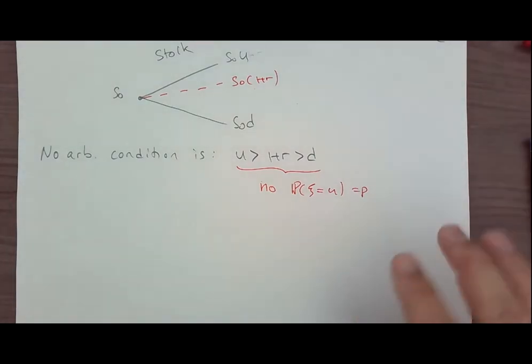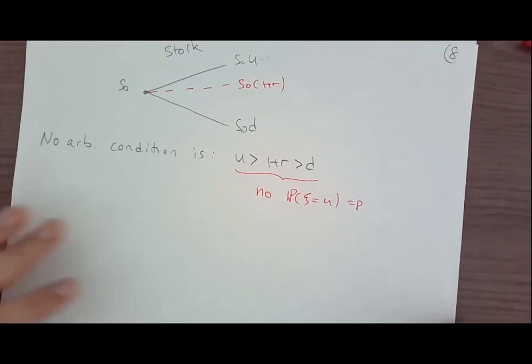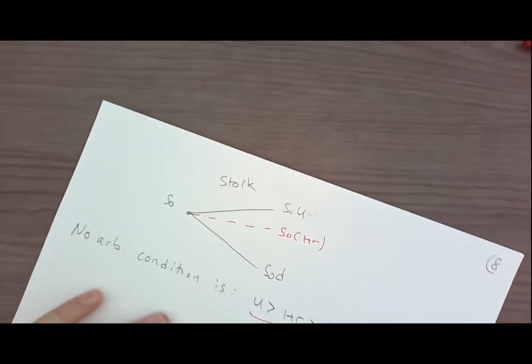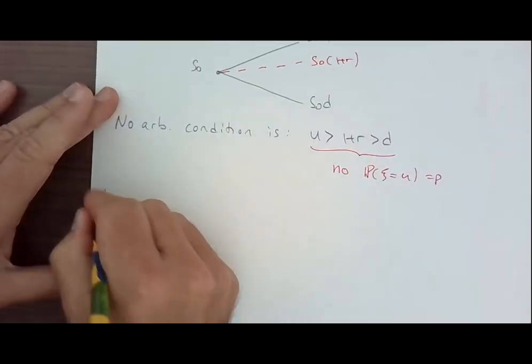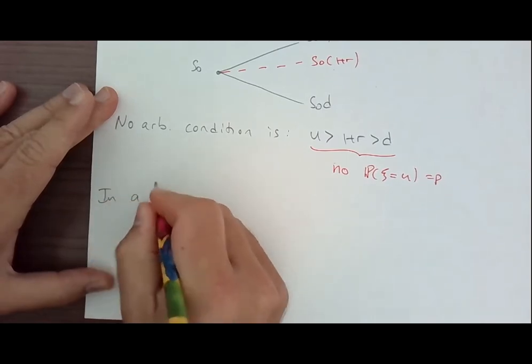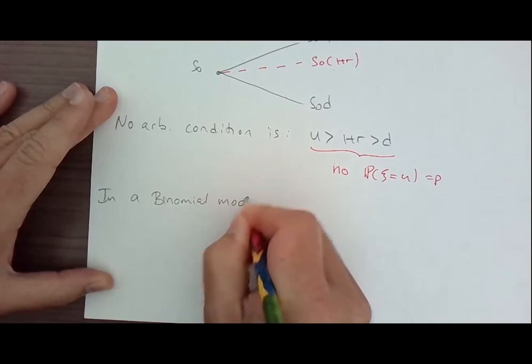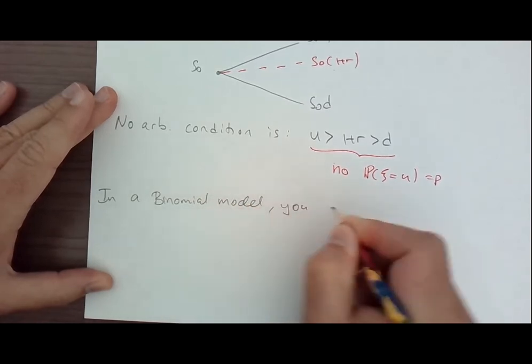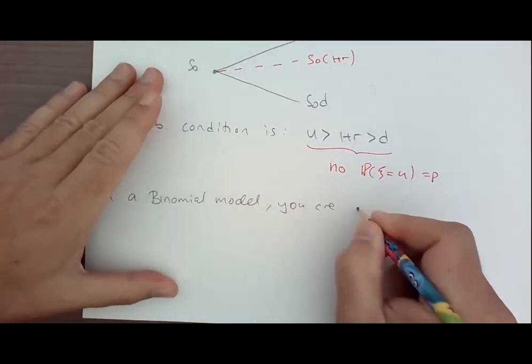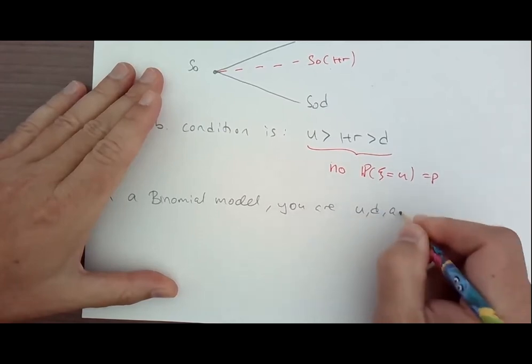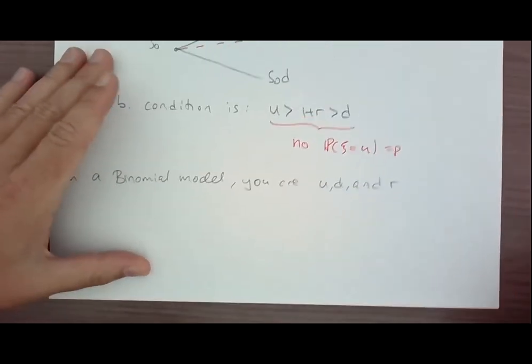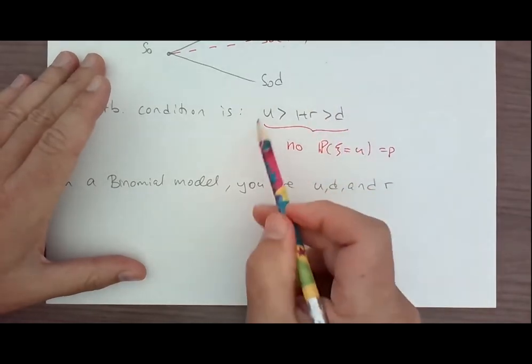So this is our basic model. In a binomial model, you're given U, D, and R, and they always satisfy this quantity.